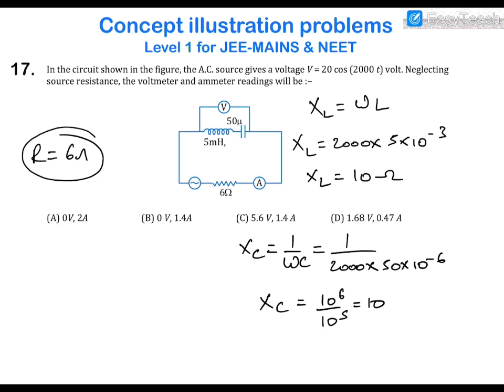Okay, so we can easily see that XL is equal to XC, and as XL and XC are equal, therefore we can say that there is a resonance condition in the circuit. So this is a resonance condition.